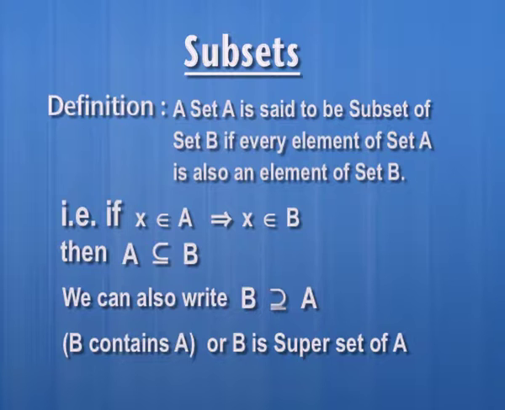Symbolically, we write x belongs to A implies x belongs to B, then we say A is contained in B or A is a subset of B, and this can also be written as B contains A. B is a superset of A and A is a subset of B.